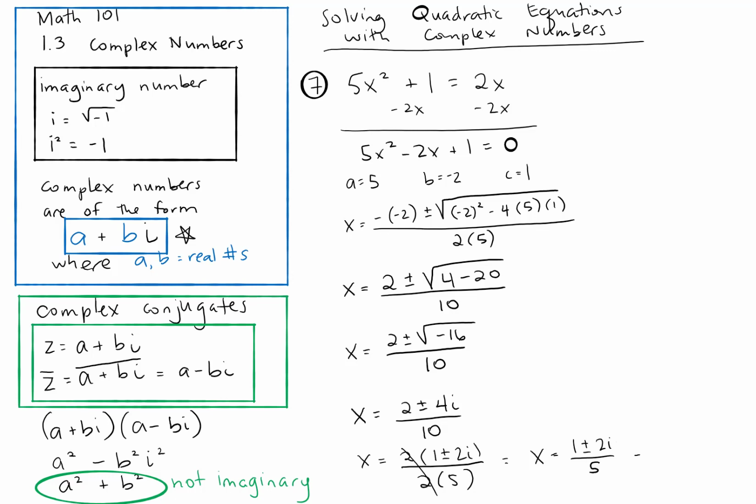Once again, we want to write it in the format 1 over 5 plus or minus 2 over 5 i, because that is the correct format to put our complex numbers in. So you don't want to write them as fractions over a real number. You want to write two fractions as each of those being the a and the b portion.